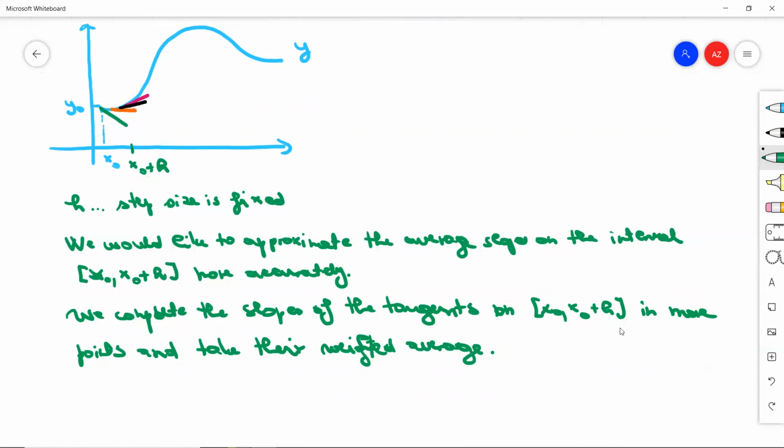So we take their weighted average when we estimate the value of the next point, or of y at the point x0 plus h.